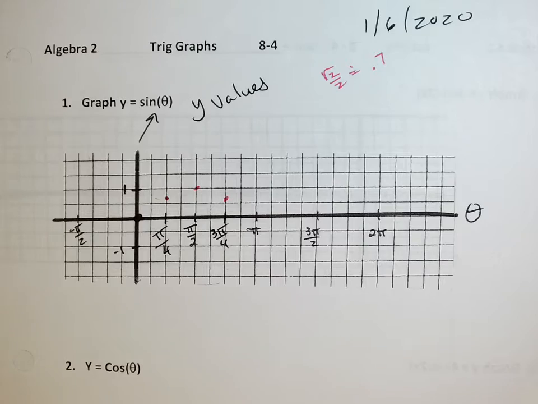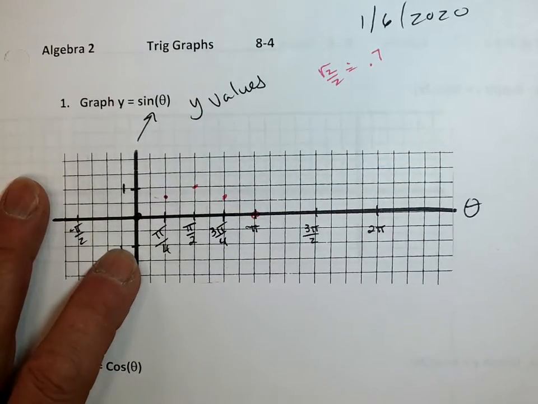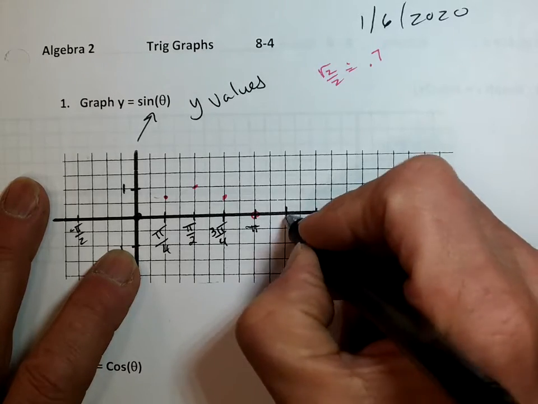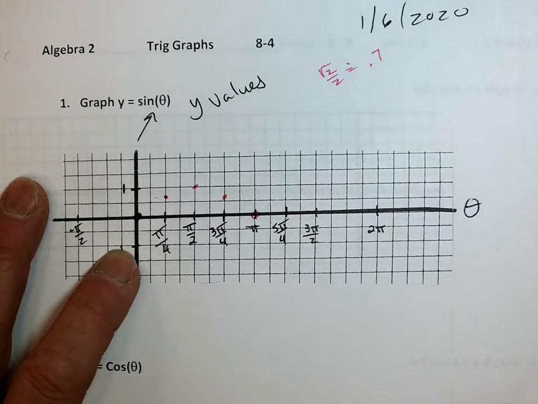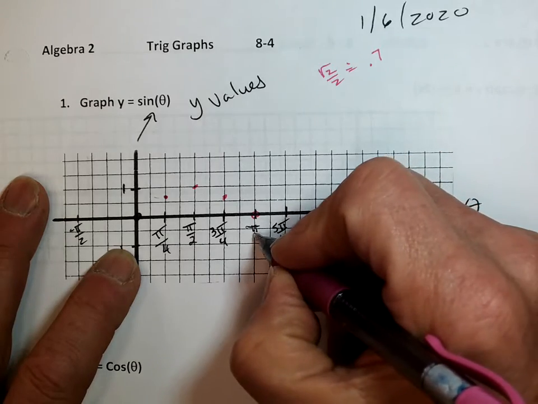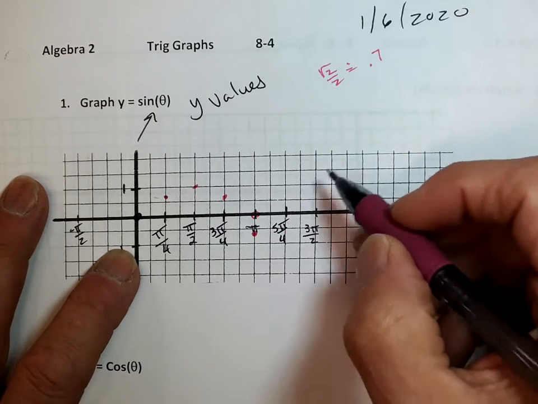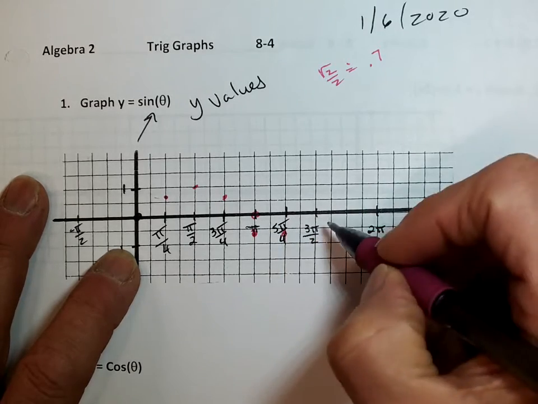So we're just going to do a dot to dot. 5 pi fourths is here as far as my scale goes, and according to my unit circle, it is negative square root of 2 over 2, which is a negative 0.7, which is about there. Oh, I'm in the wrong spot. Sorry, right there. Ignore that.